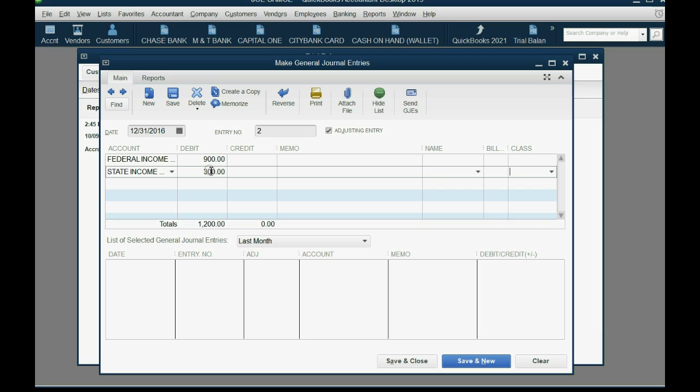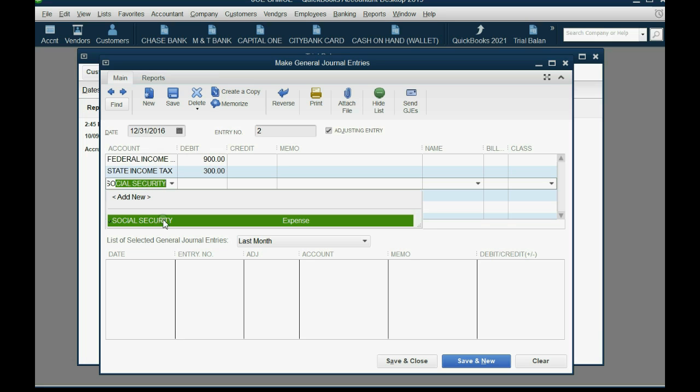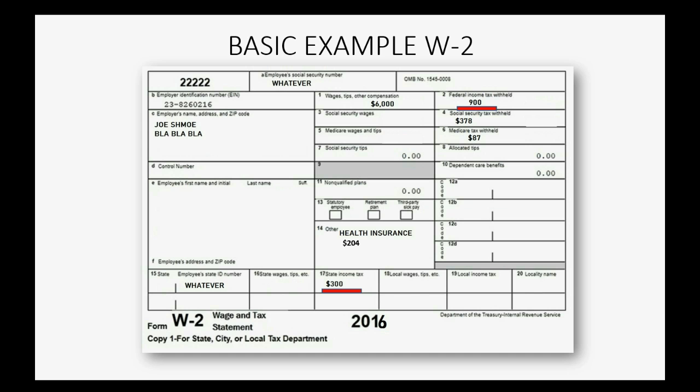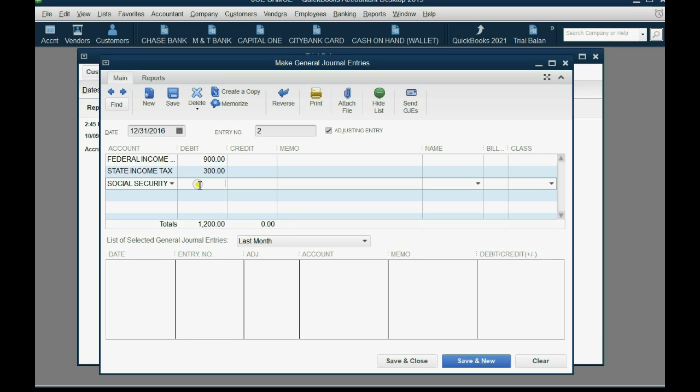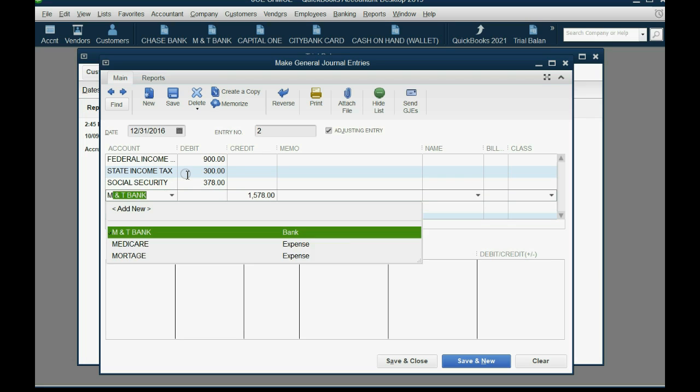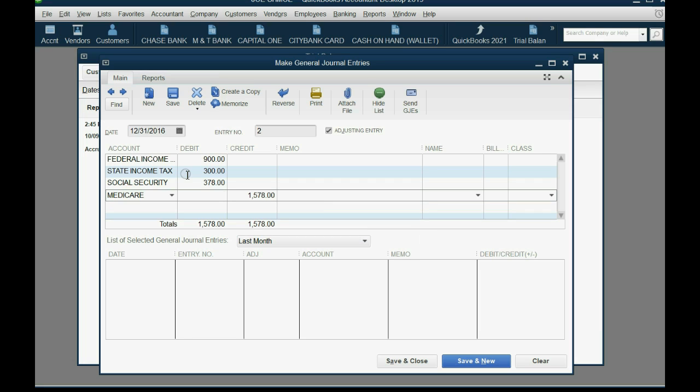Okay, what else was withheld? Well, what about Social Security? Social Security is a total on the W-2 of $378. So we'll make it here. And of course, Medicare. QuickBooks keeps trying to balance the entry by putting in a balancing number.